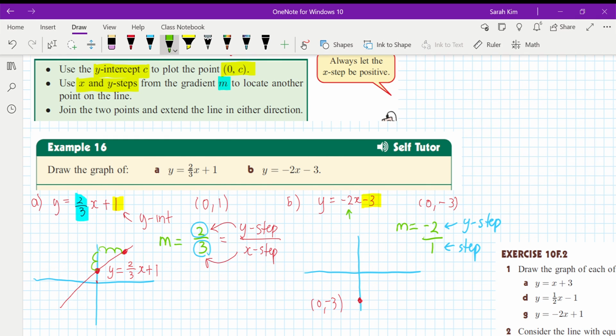Notice the top y step is negative 2, so you go downwards 2: 1, 2. Then you take 1 to the right. That's where you end up, over here. Then all you have to do is connect the dots. So that is your equation y equals negative 2x minus 3. And that's how you do it.